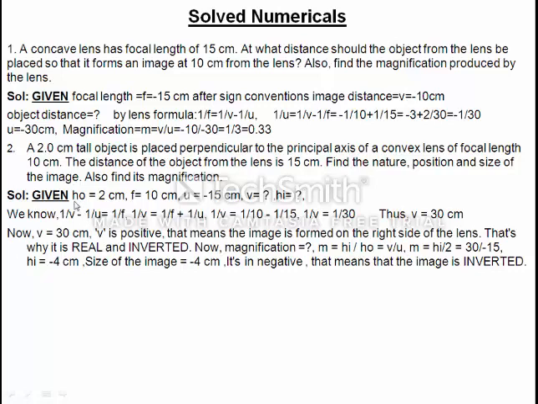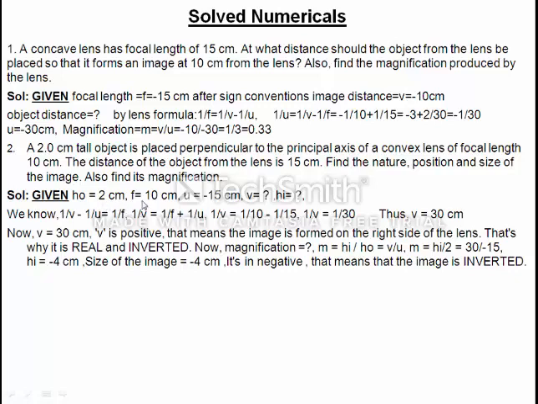So HO as given is very important. After writing the given, you have to write the formula which is going to be used, then do the process, and don't forget to write the unit.